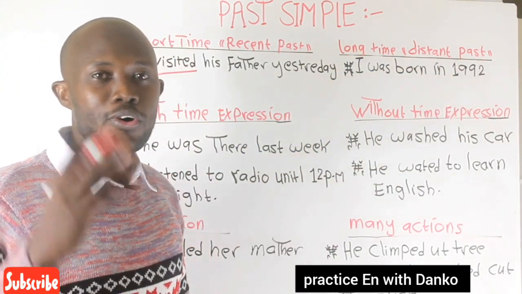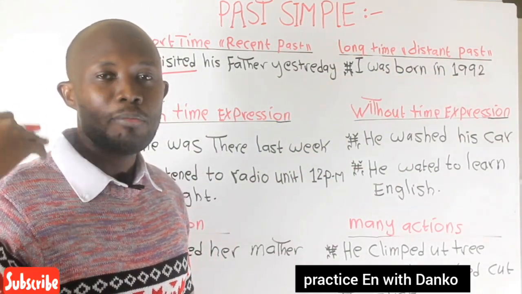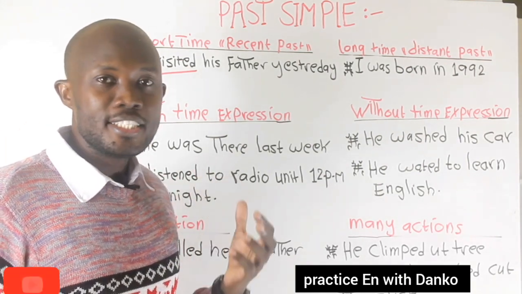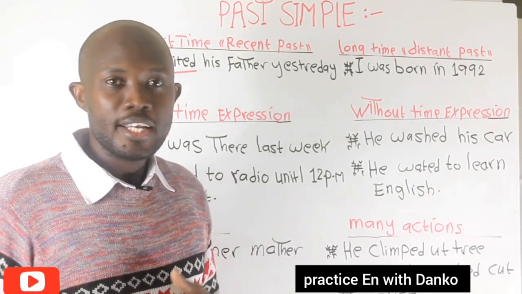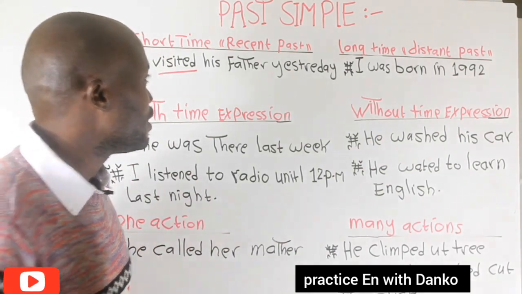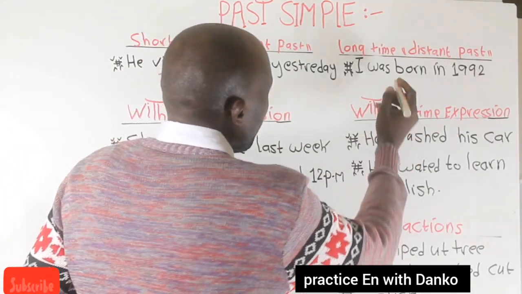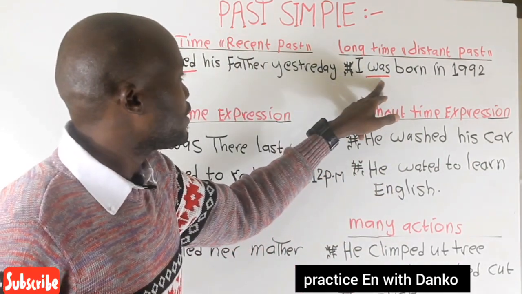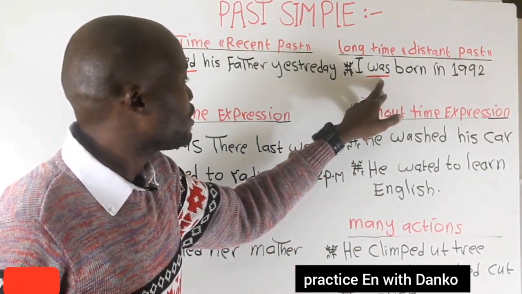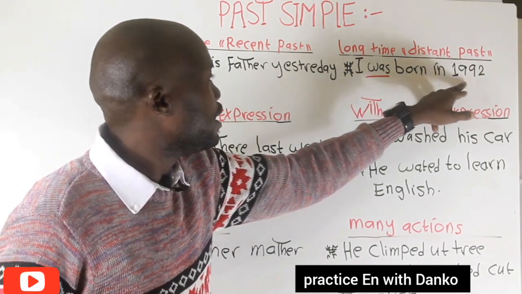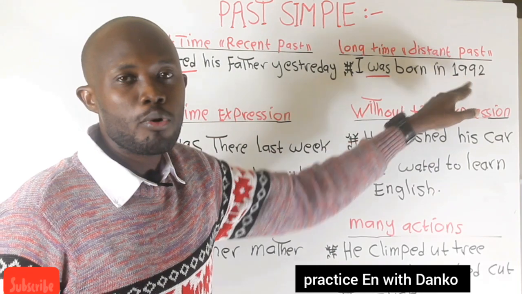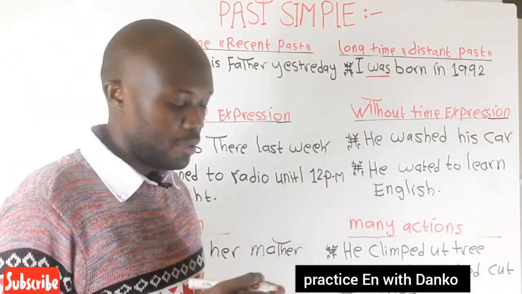That is for a long time, maybe around 30 years or 29 years. So that is a little bit far. The sentence is: I was born in 1992. This is the past simple for a long time.